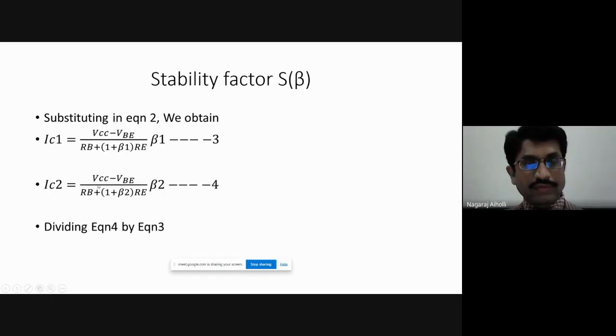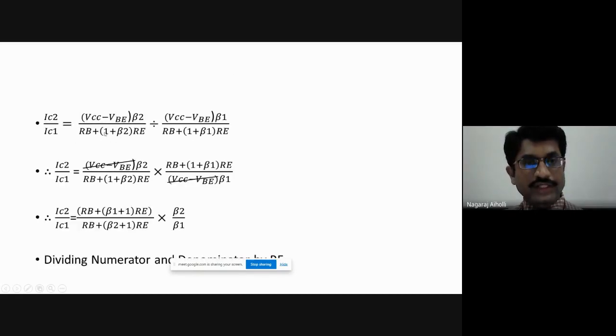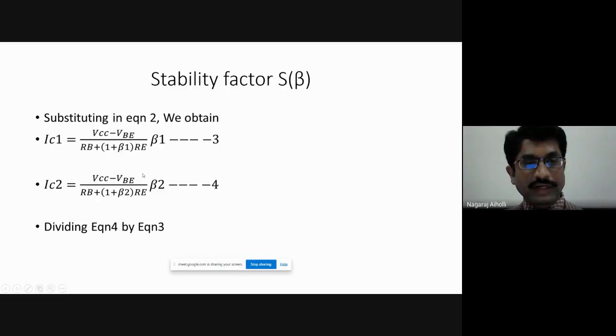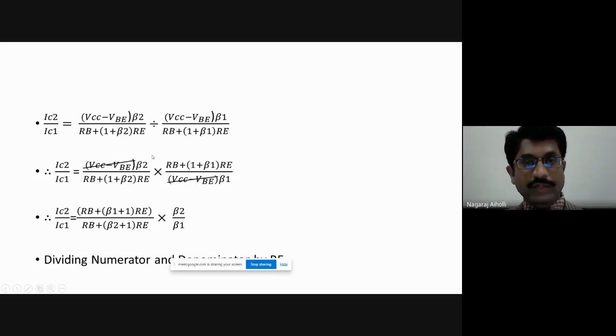That is equal to VCC minus VBE into beta2, divided by RB plus (1 plus beta2) into RE, this divided by the third equation, VCC minus VBE into beta1, divided by RB plus (1 plus beta1) into RE.